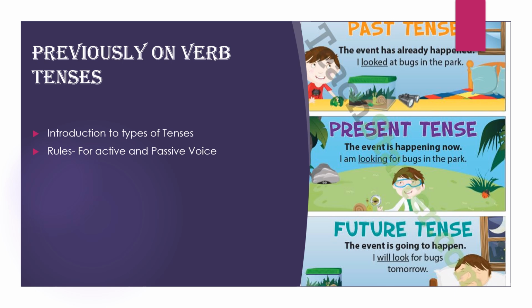Based on aspect, we have four tenses that tell you about the continuation or completeness of the action: simple or indefinite tense, continuous or progressive tense, perfect tense, and perfect continuous or perfect progressive tense. And then we discussed the rules of these 12 tenses, both for active as well as for passive voice.